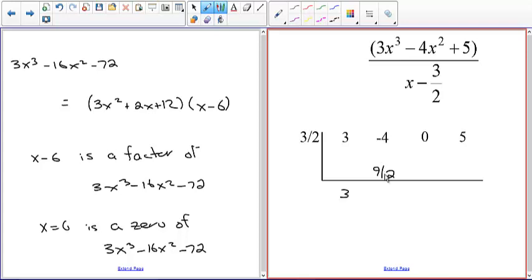Negative 8/2 plus 9/2 is positive 1/2. 3/2 times 1/2 is 3/4. You add these two together, you get 3/4. 3/2 times 3/4 would be 9/8. This is 48/8. So you get 49/8.